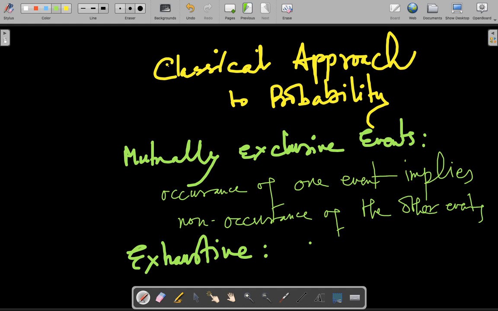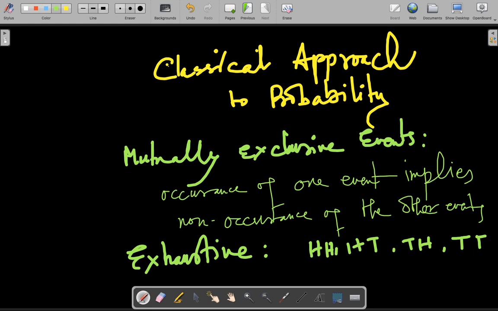For example, if I am tossing two coins, then my sample space is going to be HH, HT, TH, TT. This is the exhaustive list, and it means whenever I'm tossing two coins, at least one of these outcomes has to happen. We have to get one of these four possible outcomes.